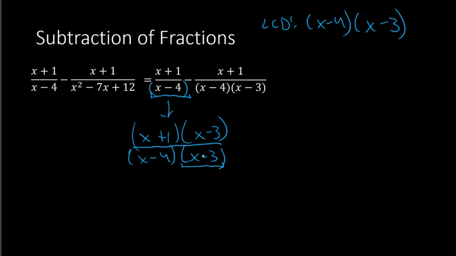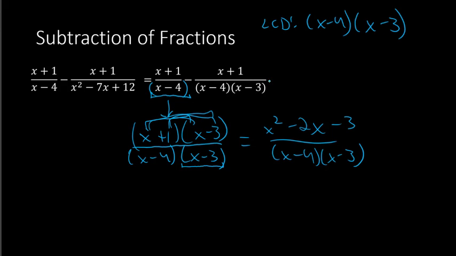Alright, so when you do that, in the numerator we can distribute, we get x squared, and then we would get minus 3x plus 1x, which gives you minus 2x, and then 1 times negative 3 is negative 3. So we have that over the x minus 4 times x minus 3. And then don't forget, we're subtracting that with the x plus 1.